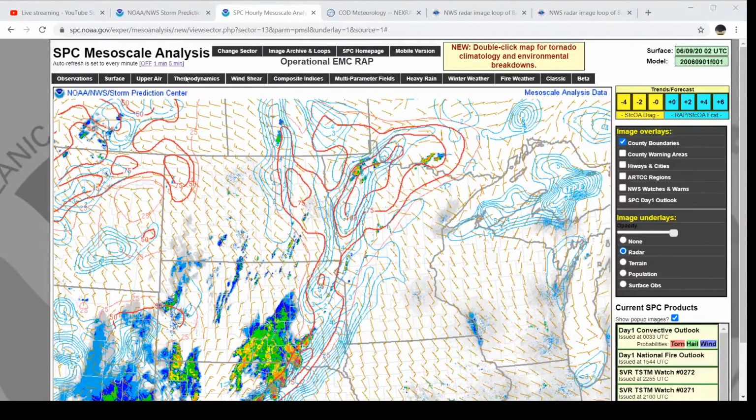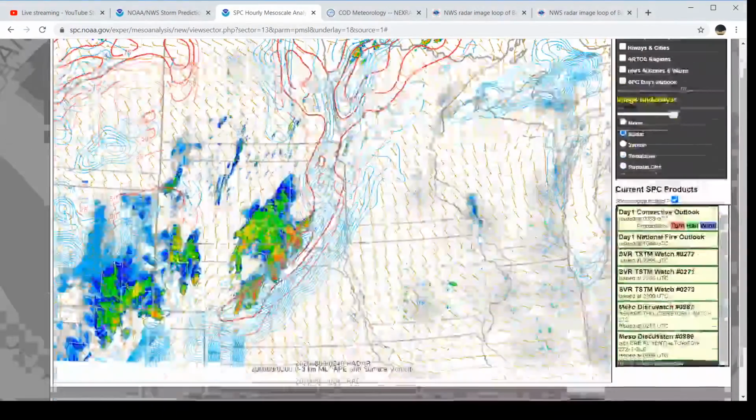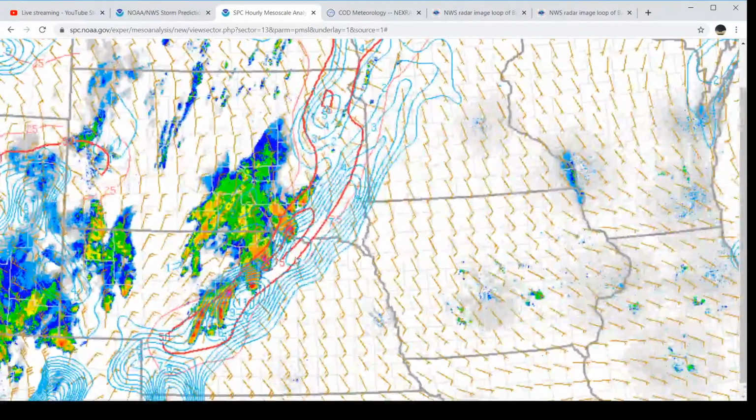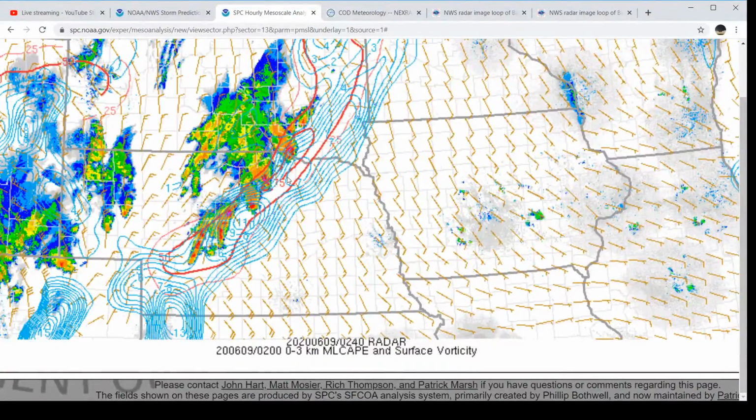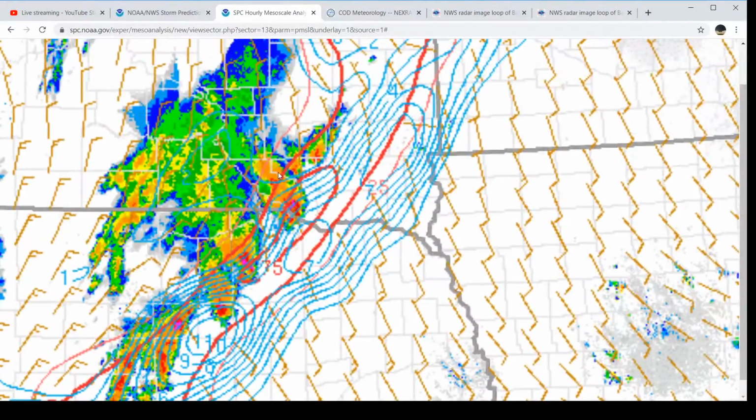It says the lowest 3 kilometer ground levels, the surface relative vorticity. Areas with a large 0 to 3 CAPE tend to favor strong low level stretching, can support tornadic activity. I think this is mixed layer CAPE, and this is surface vorticity.